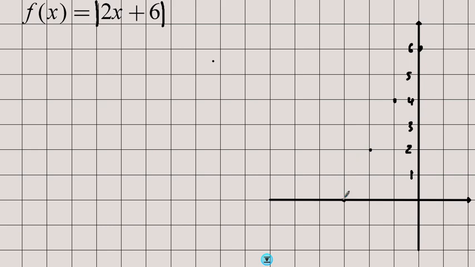and let's begin by considering y equals 2x plus 6 as a straight line without absolute value. In this case, we'd go down to here, and our line will simply be like so. Let's improve that.